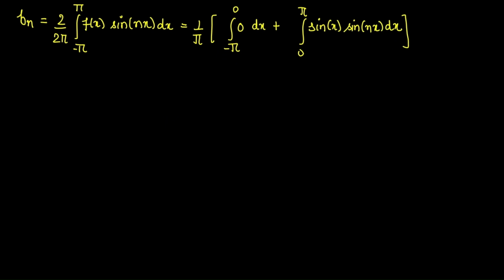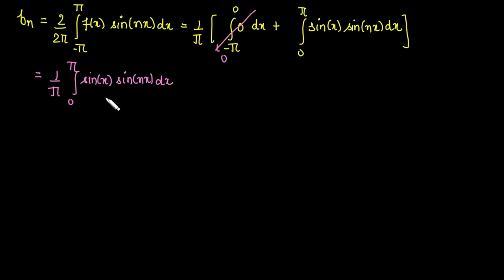Integration of 0 is 0. So we have in this case 1 upon pi integration from 0 to pi of sine x into sine of nx with respect to x. In this case, we cannot use the Eilert form because sine x or sine nx is not getting 0 for any derivative.